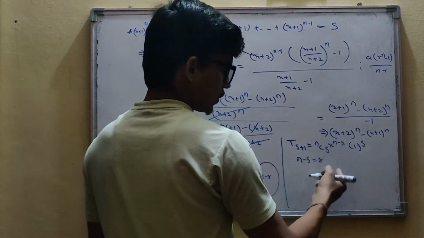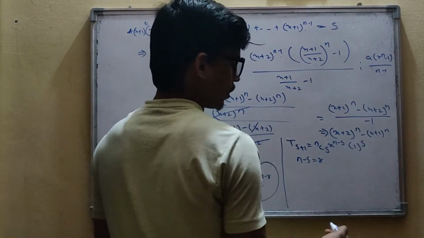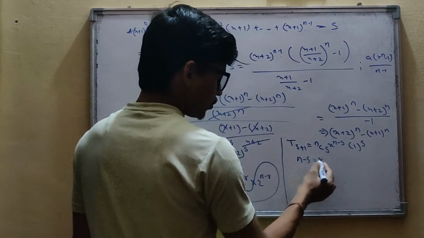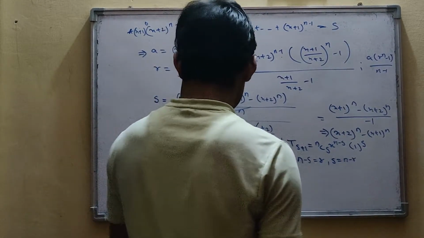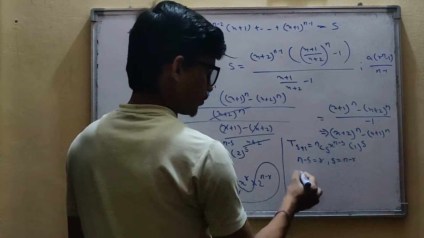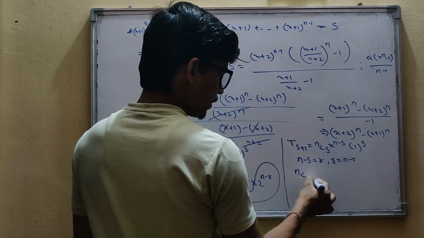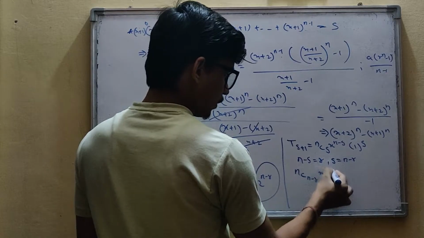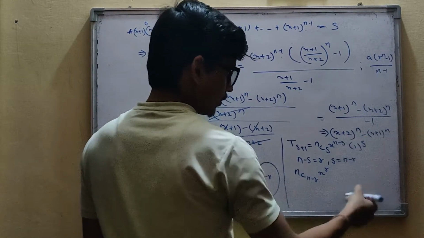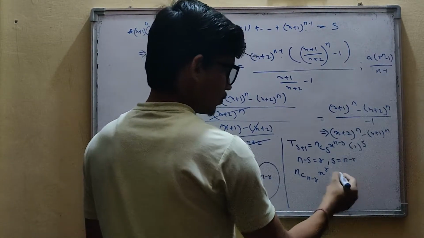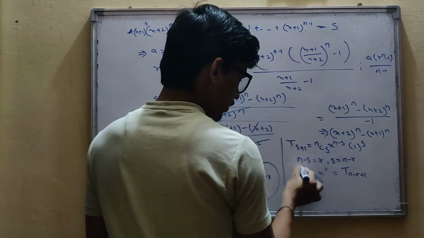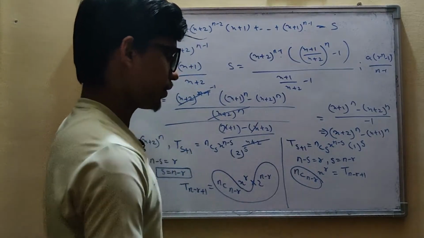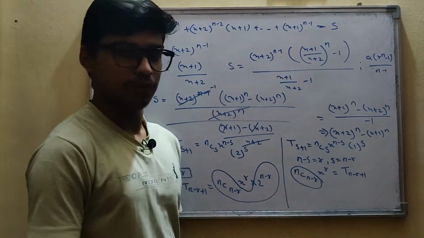So if n minus s is r, then it will become x to the power r and we will get the coefficients, right? So just substitute s equals n minus r. So nC(n-r) x^r, and this will vanish because 1 to the power anything is 1. So this will be the coefficient in this case. Okay, so nC(n-r) is the coefficient.